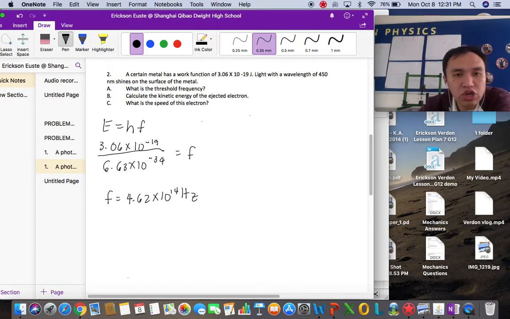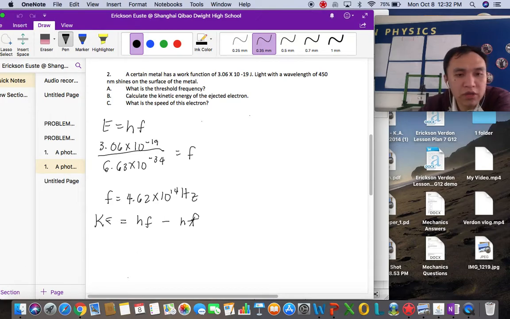Now, you need to determine the kinetic energy of the ejected electron. So, the kinetic energy is equal to hf minus hf0. But then again, you're not given the frequency here. You're given the wavelength.